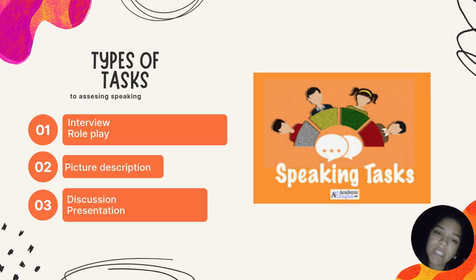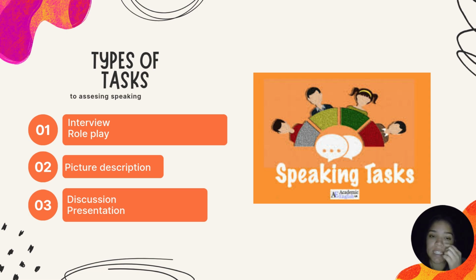There are many ways that teachers can design speaking tasks, and some options are interviews, where the teacher asks questions like, "What do you like to do on the weekends?" Also, we have role play, for example, two students pretending they're ordering something in a restaurant. Also, we have picture description.